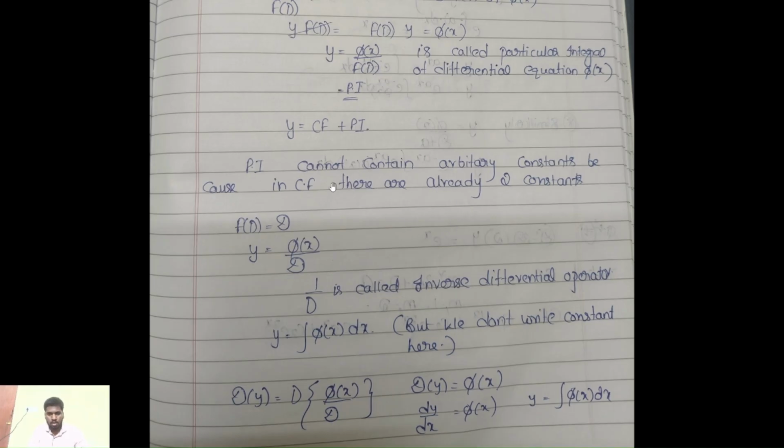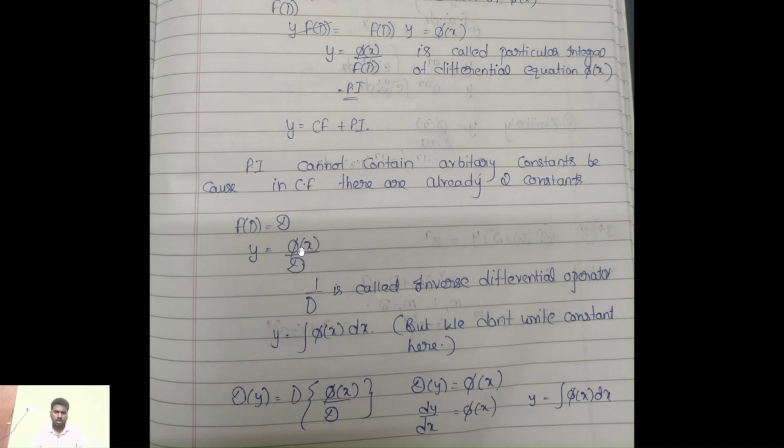We have to remember one point. The particular integral cannot contain arbitrary constants. So if y equals phi of x by capital D, we should not say just by D, but the operator 1 over D applied over phi of x. 1 over D is called the inverse differential operator.